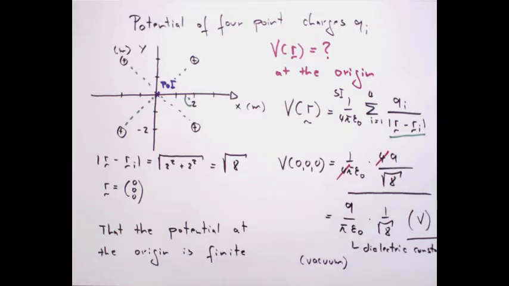In fact, if we've got positive charges, this is positive, and these other three numbers are positive, so we've got a finite positive potential. The potential at the origin is finite and positive. That's our conclusion.